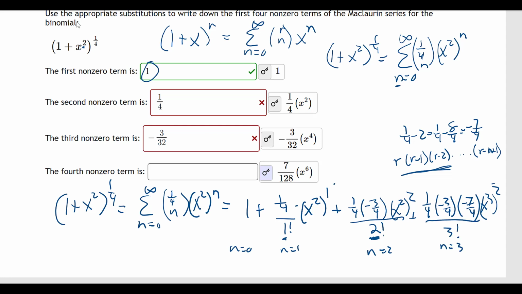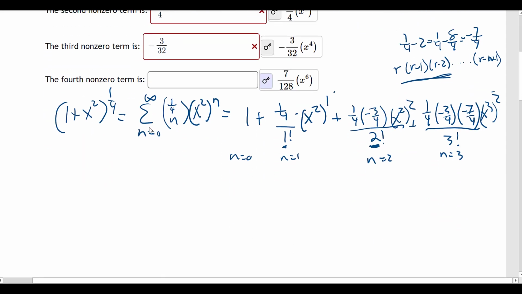Okay, let me scroll down a little bit to do some work here to clean it up. So we have 1 plus, and the next term is 1/4 x squared, because that's just to the 1 power.